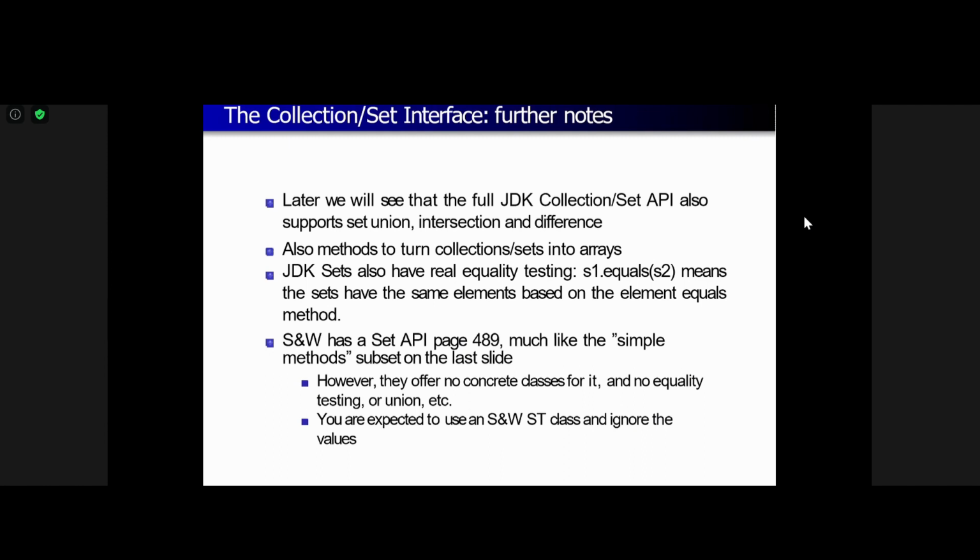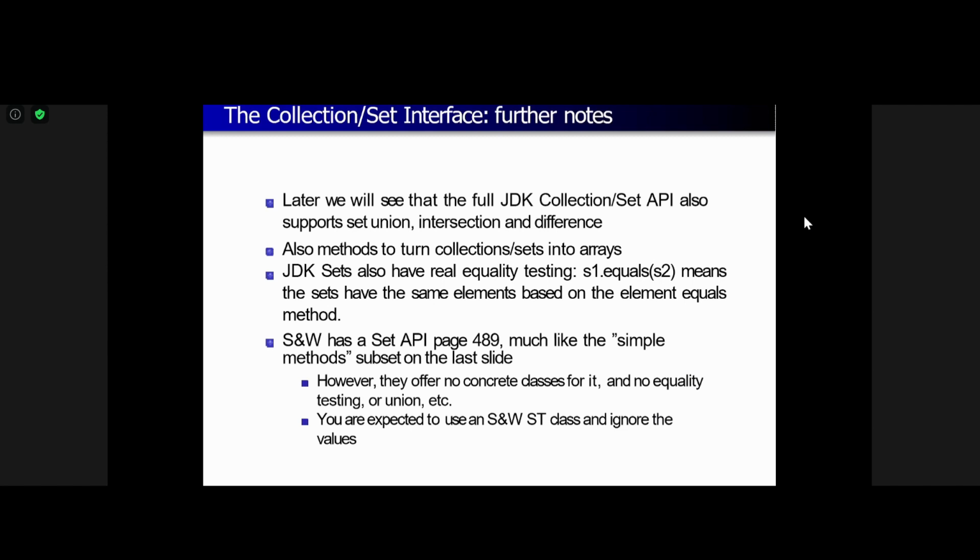Okay, so in addition to the API, we have these guarantees by the documentation, and they are based, of course, on the proper equality testing of the elements. But once you have a JDK set, then you have real equality testing by sets.